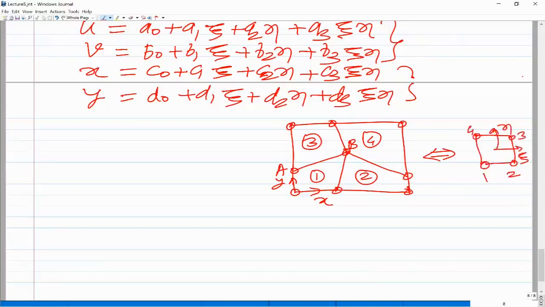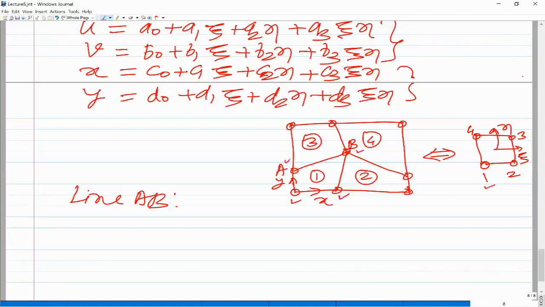So now when I look along line AB, when we talk of element 1, this node is mapped to node 1 of the element in the natural coordinate space. This is mapped to node 2, this is mapped to 3, and this B is mapped to 4.